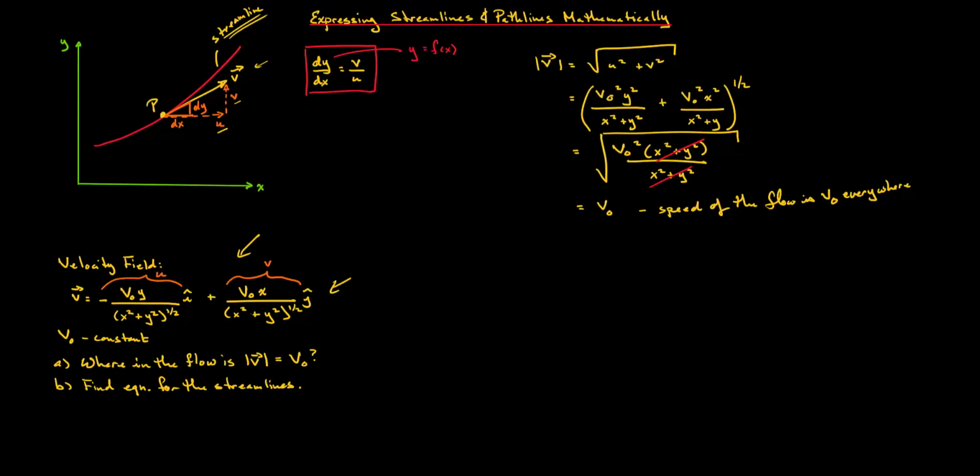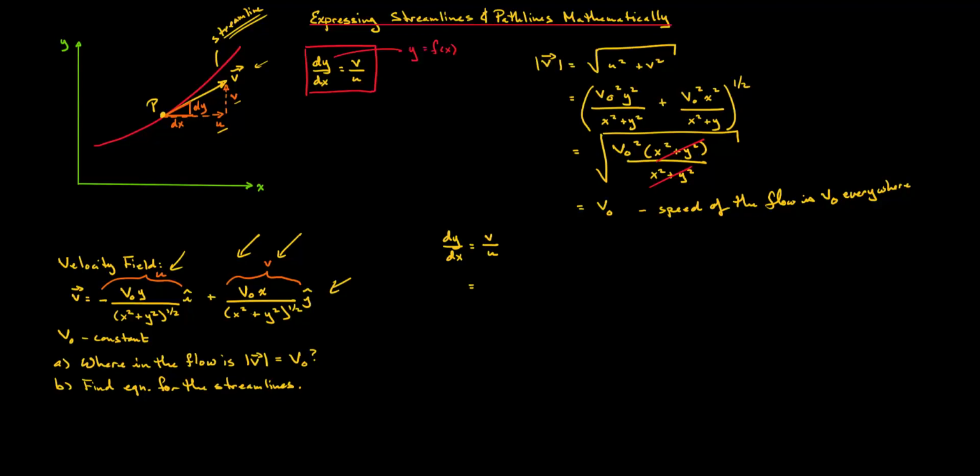So let's now describe what the flow looks like. For a streamline, we have said that the slope of the streamline, dy by dx, will be equal to v over u. So we look at our v component, we look at our u component, and we divide them.